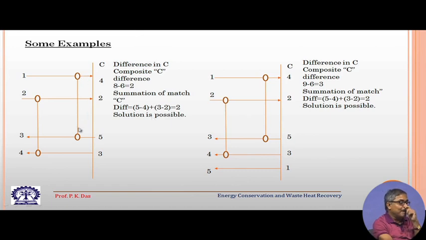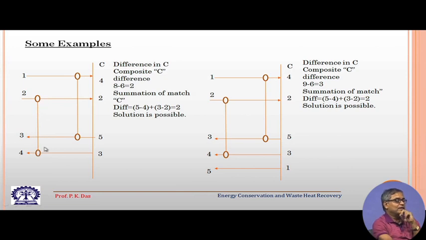Suppose we have proposed this kind of match, that means there is stream 1 and stream 3, and we are thinking of one heat exchanger between them. This is the symbol by which we show a match. This shows a particular heat exchanger. Similarly, we are thinking of another heat exchanger between stream 2 and stream 4.